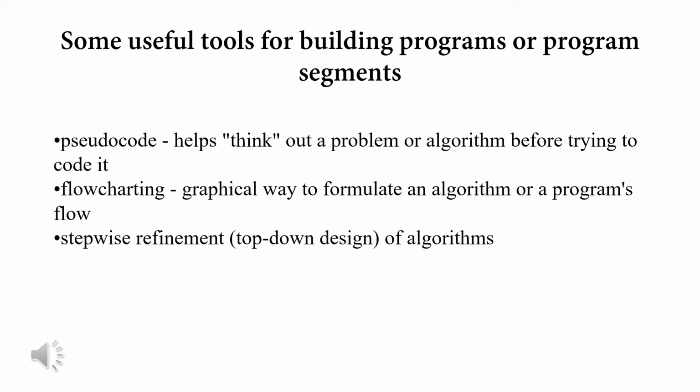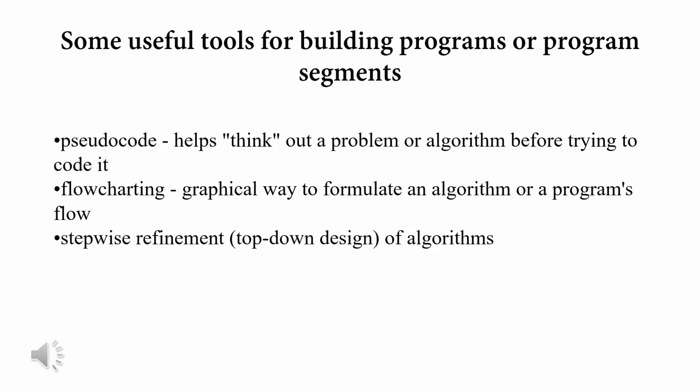There are some useful tools that you can use before writing the code, and they can help you write your code more easily. The first one is pseudocode. It helps you think about your code and write it more efficiently.